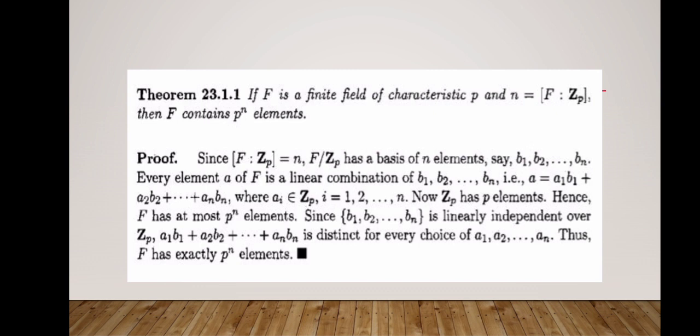Proof. Since F is a finite field of characteristic p, F has a basis of n elements, say b_1, b_2, ..., b_n.